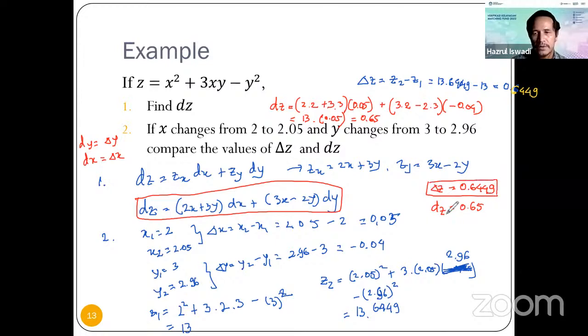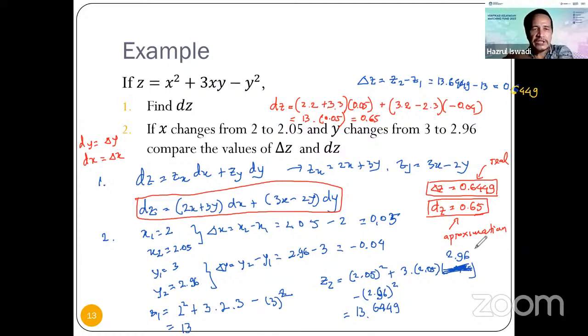This is the actual value, and this is the approximation. So this is real, and this is the approximation.